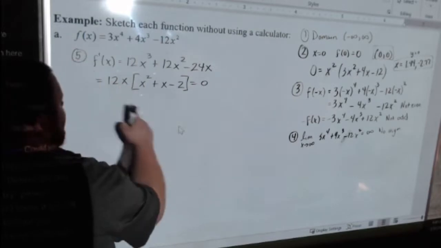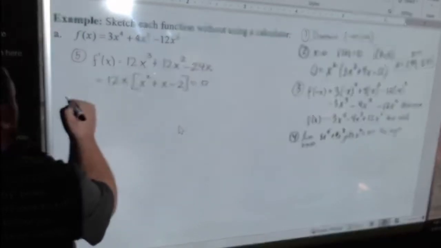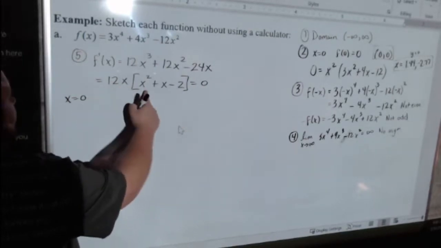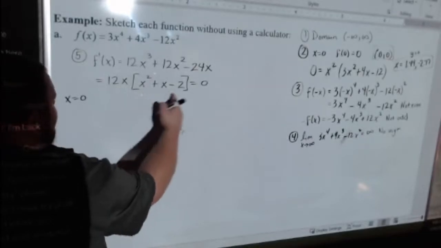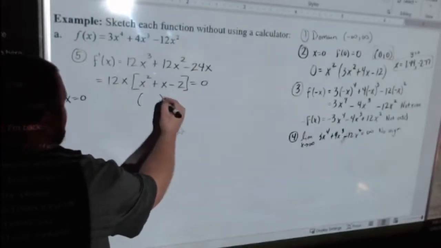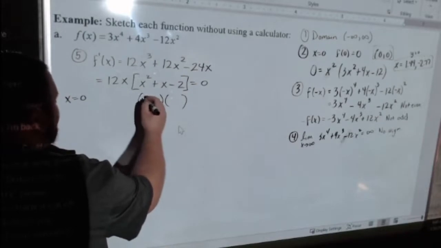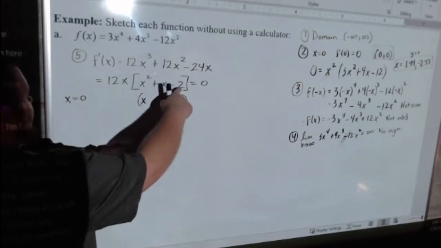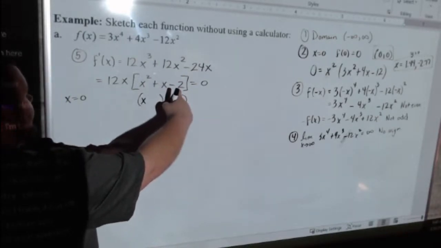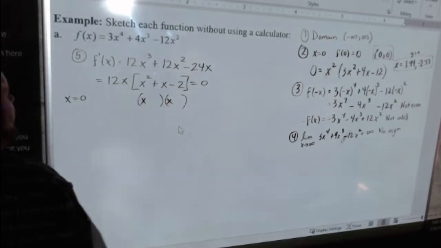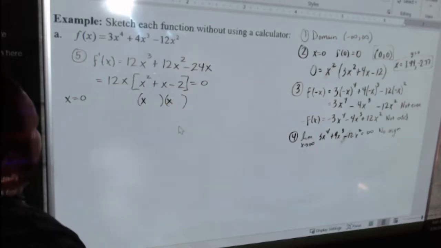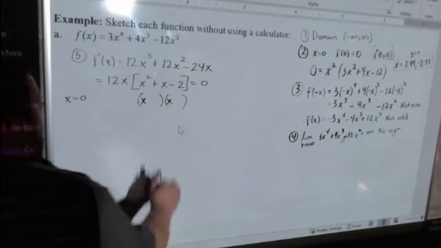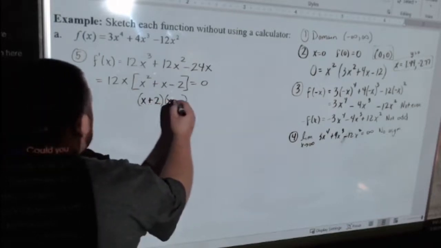So once again, I get x is 0. And then I need to solve this. Is there a way to factor that? I think so. Let's see. We need two numbers that multiply to -2 and add up to +1. So that would be +2 and -1.